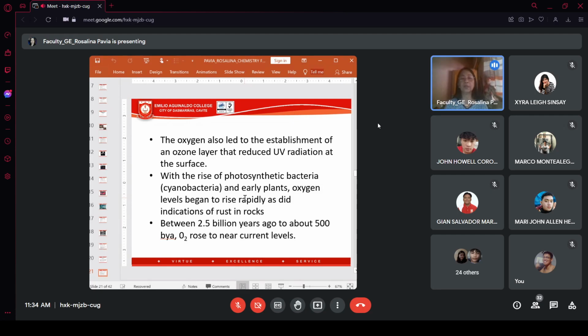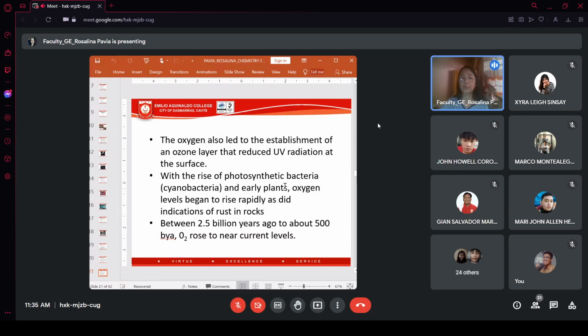Now, also with the rise of photosynthetic bacteria, which we call cyanobacteria and early plants, oxygen levels began to rise rapidly, as did the indications of rust in rocks. You know very well that plants will absorb carbon dioxide, diba? The plants absorb carbon dioxide, and the plants give off oxygen by photosynthesis.